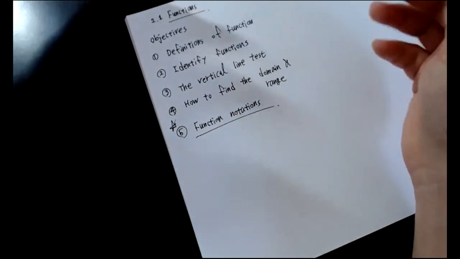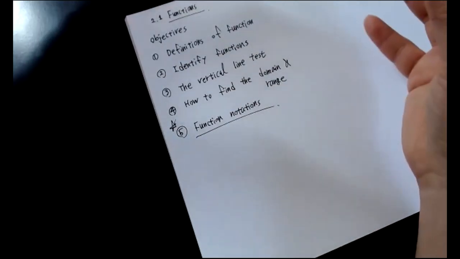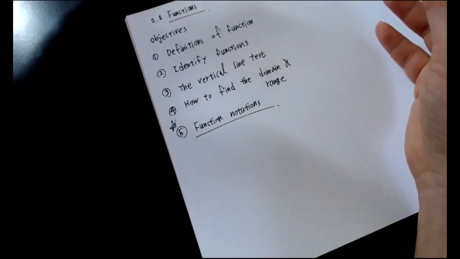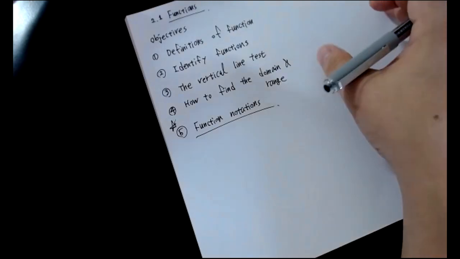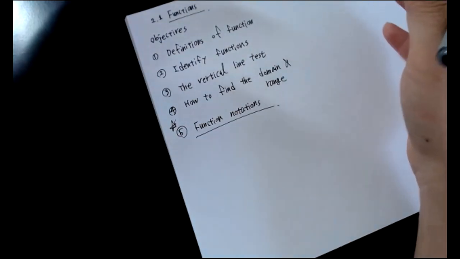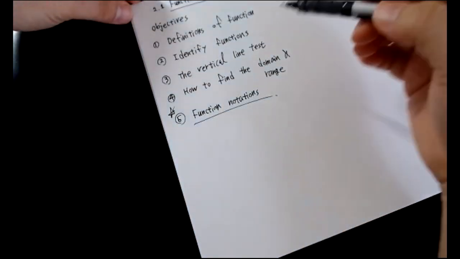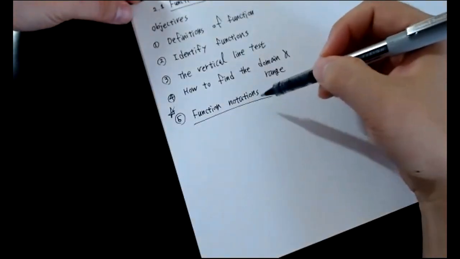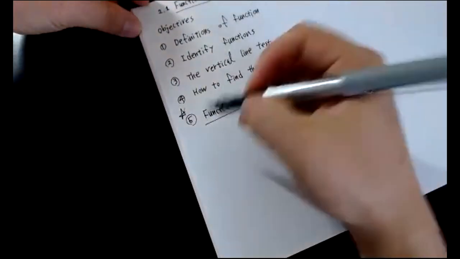If you miss this section, then you're gonna get a lot of trouble. From section 2.2, on every single page, we're gonna use function notation. So if you don't fully understand function notation, then you're gonna get big trouble.